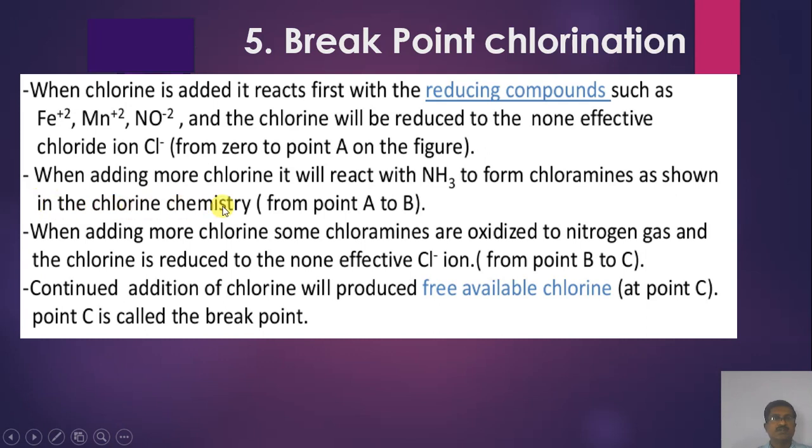When adding more chlorine, some chloramines are oxidized to nitrogen gas and the chlorine is reduced to non-effective Cl- ion. Continued addition of chlorine will produce free available chlorine, which is called the break point.